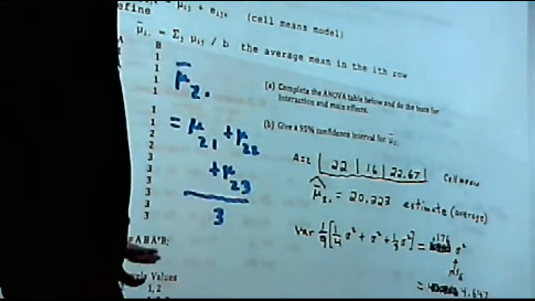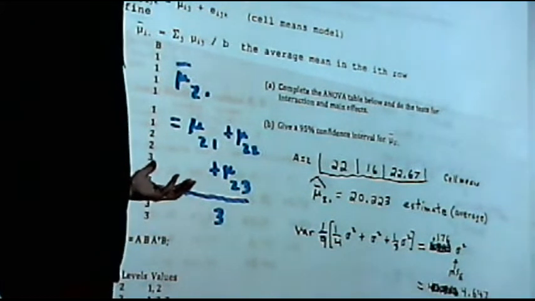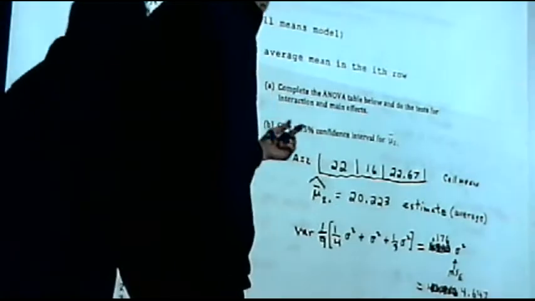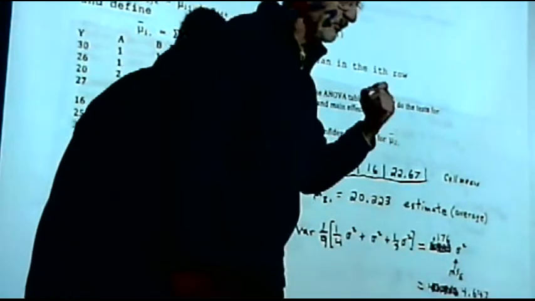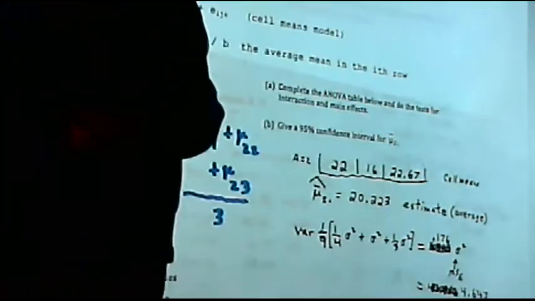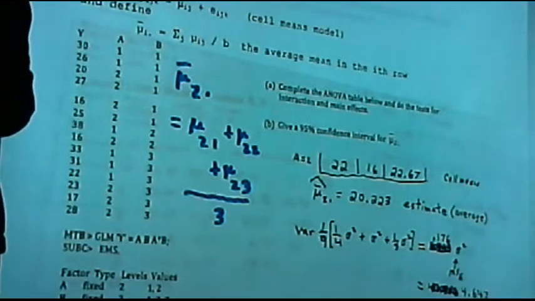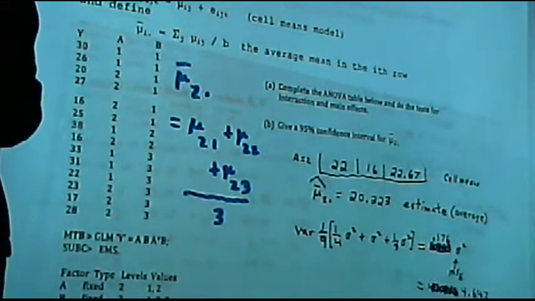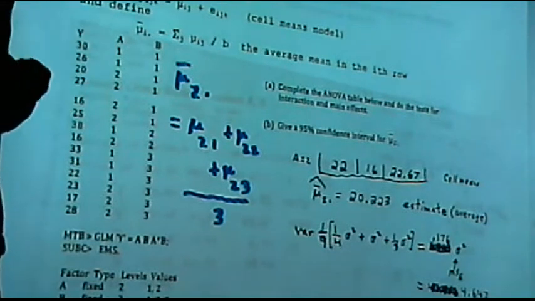So a little tricky about what mean are we talking about here when we want a confidence interval for this thing. That was the tricky part. And once you saw through what was needed, it's kind of an easy problem, really. There's no hard steps there.